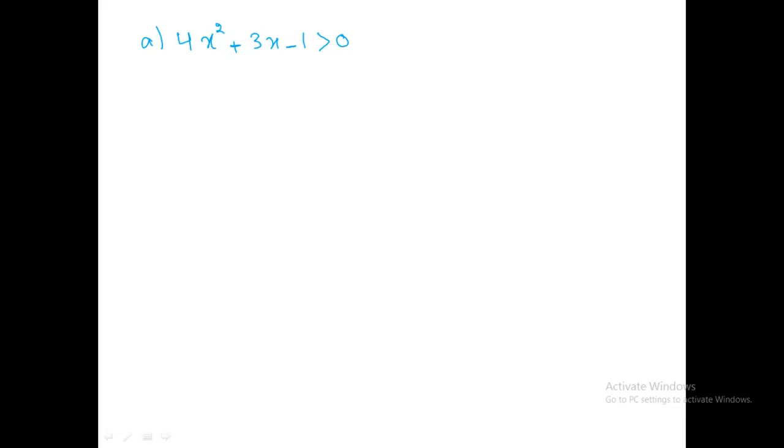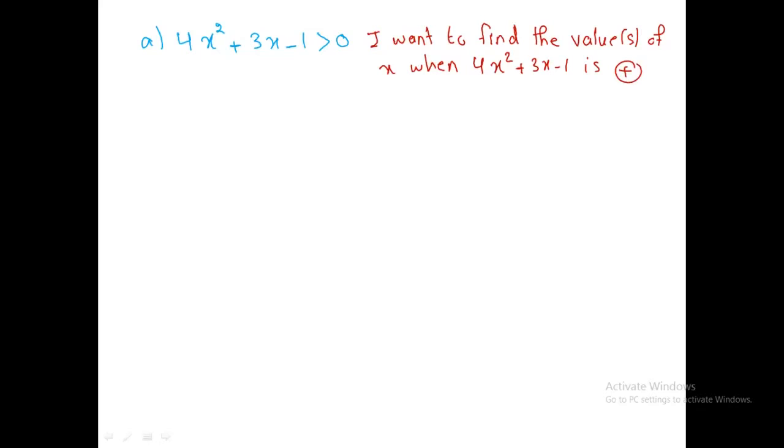It exactly means I want to find the value of x when 4x squared plus 3x minus 1 is positive, because greater than 0 means positive.